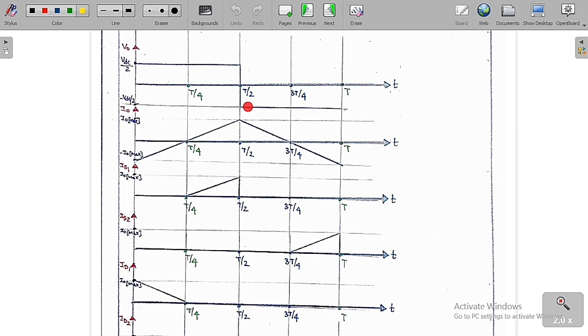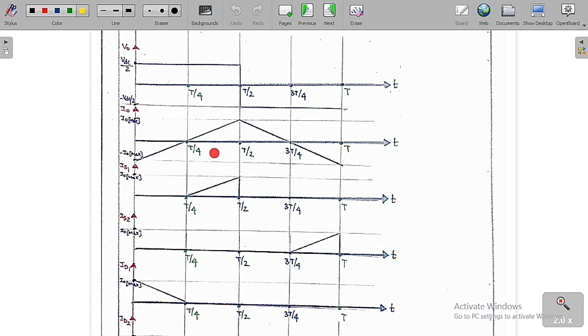From T by 2 to 3T by 4, the output voltage is negative and the output current is positive only when D2 conducts. From 3T by 4 to T, the output voltage is negative and the output current is also negative, so both are negative only when S2 conducts.